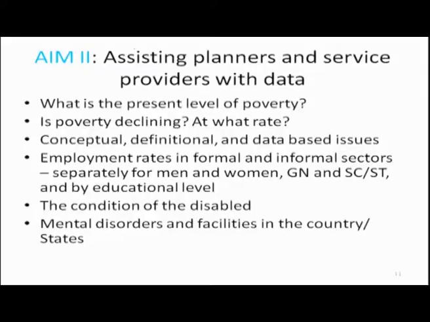So, like domestic violence, National Family Health Surveys have included questions on domestic violence. With time these questions have been changing. We are trying to improve upon the operationalization of the construct of domestic violence. Definition of urban locality has been changing in Indian censuses. So, there are these types of conceptual definitional issues.